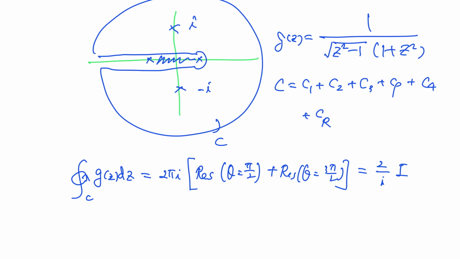So for the residues, we need to evaluate this. The residue at theta equal pi over 2 is the limit as z goes to exponential pi i over 2 of z minus i times g(z).